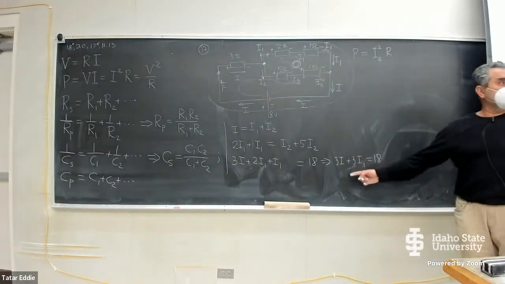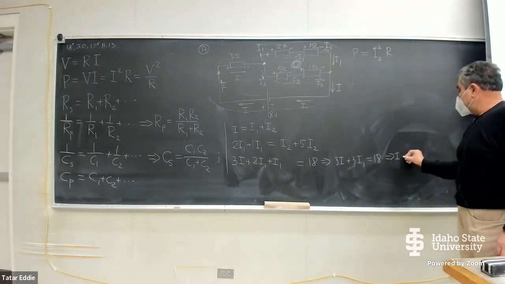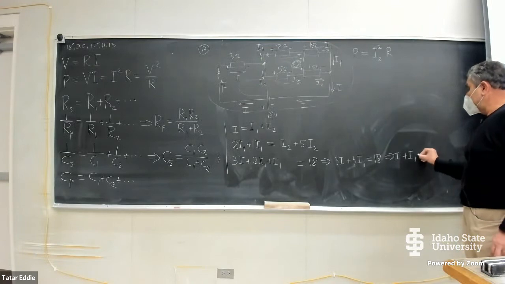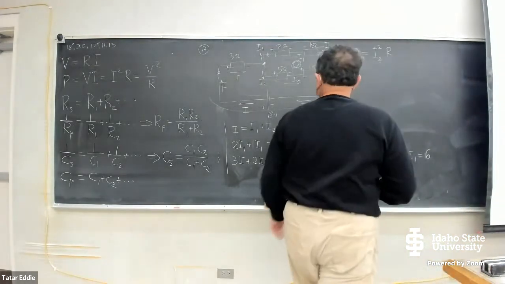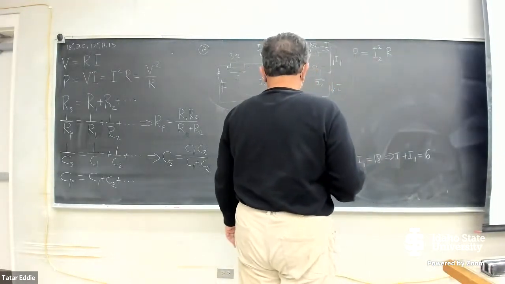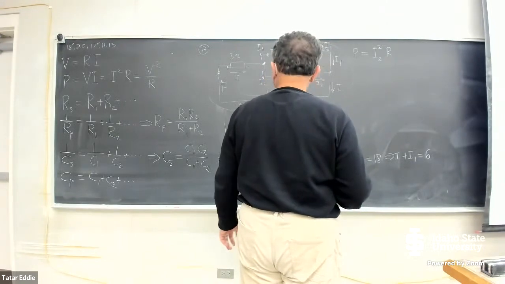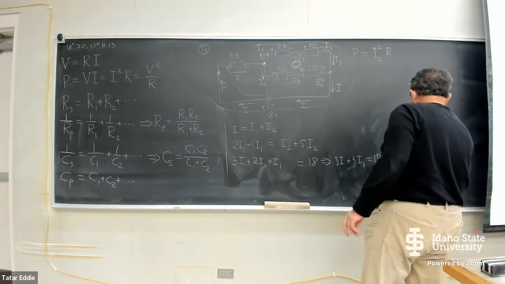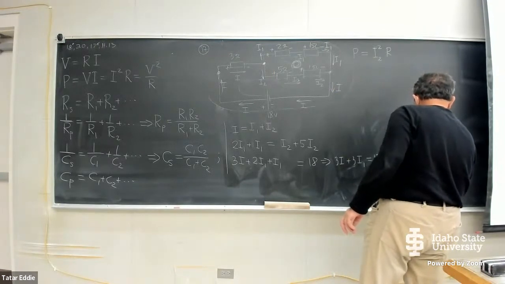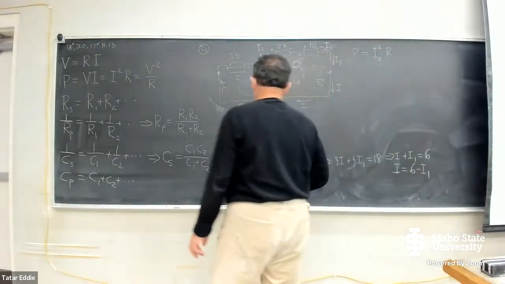So dividing this last equation by 3, you get I plus I1 is equal to 6, which means that the current I is equal to 6 minus I1.